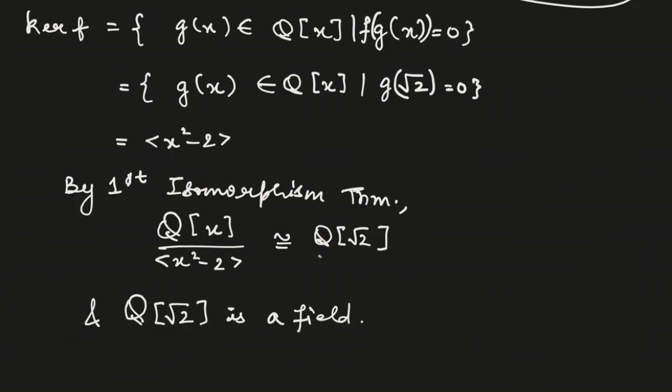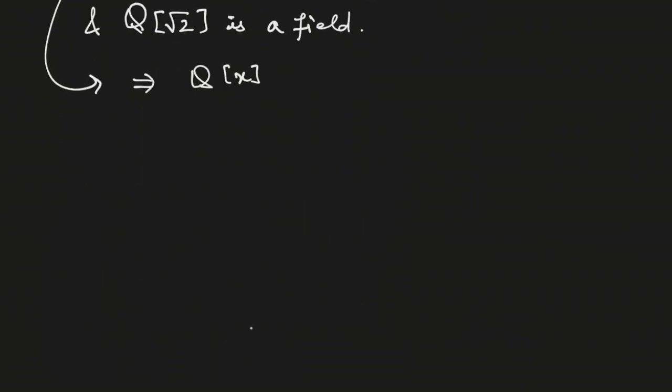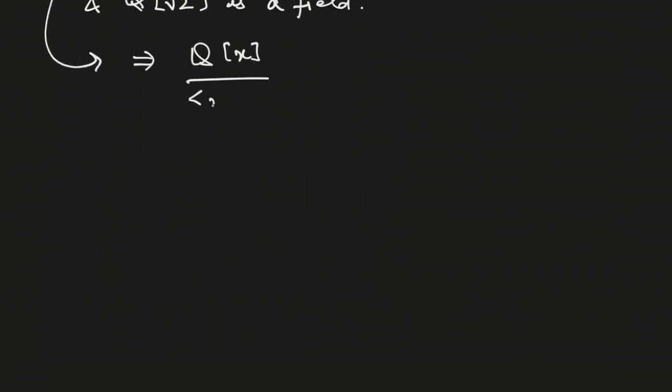Now if Q[√2] is a field and this is isomorphic to this quotient ring, then this will also be a field. So this implies Q[x] by x square minus 2 is a field. Now I can apply that theorem that if R by M is a field, then M is a maximal ideal.